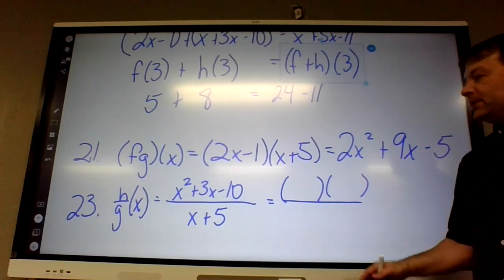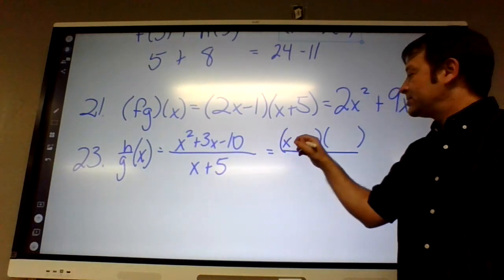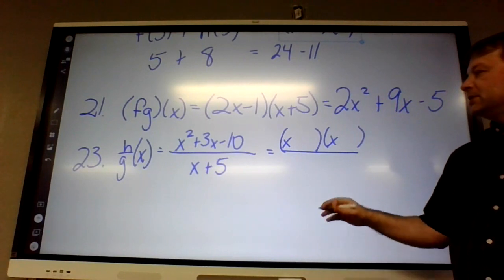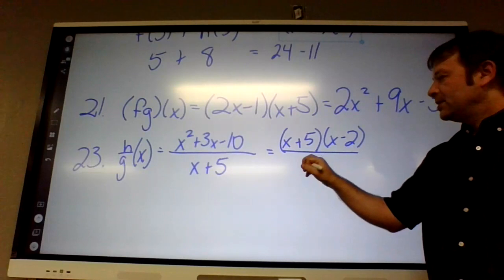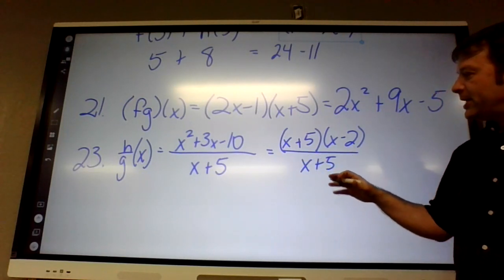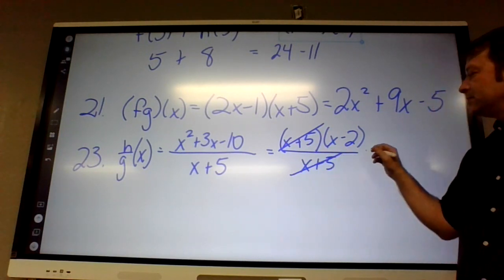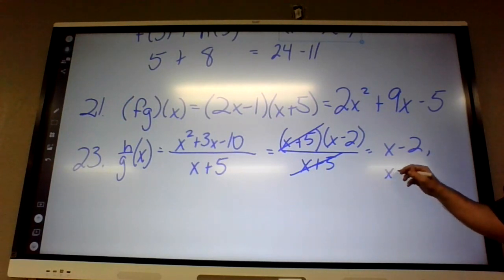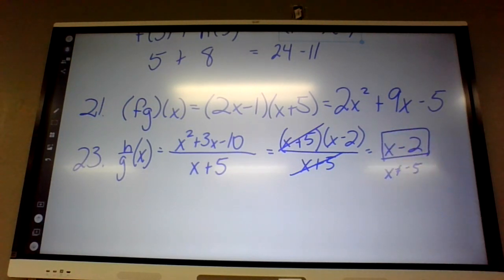So how's this factor? x and x, what multiplies into negative 10 and adds up to 3? 5 and minus 2, right? So those factors will cancel out. It's just x minus 2. Maybe you should put a little side note, x can't be negative 5, because you'd divide by negative 5. But those are real answers.